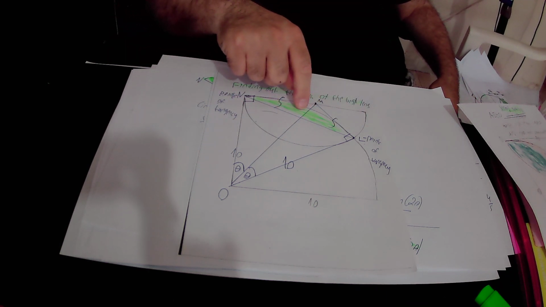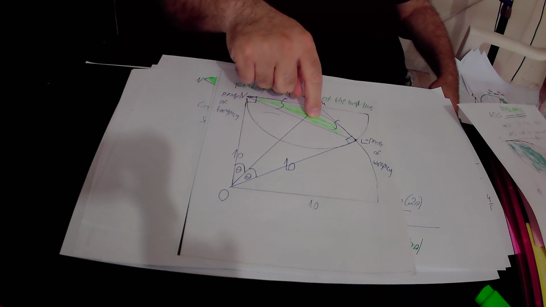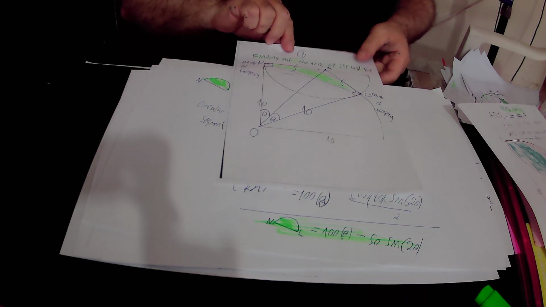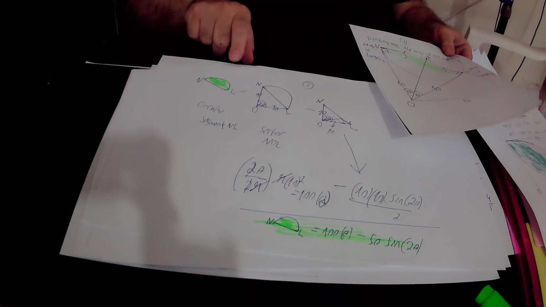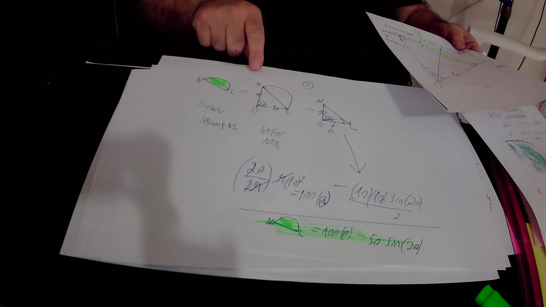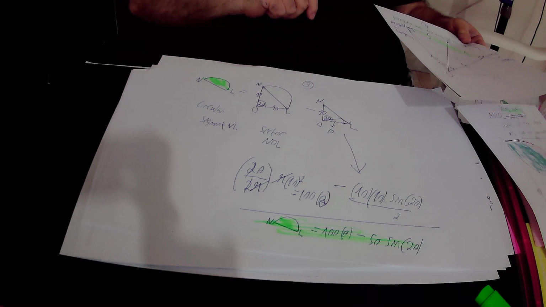So first of all, we found the area of this upper circular segment of the big lens. It equals the area of sector NOL minus the area of triangle NOL.